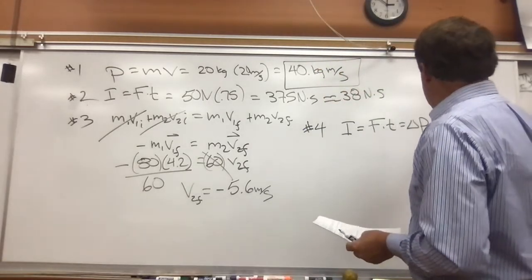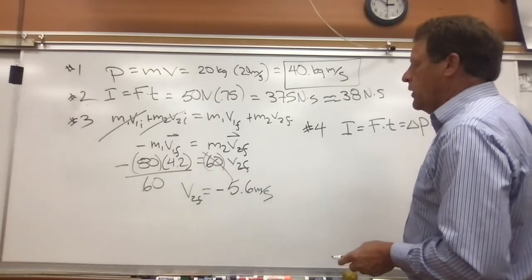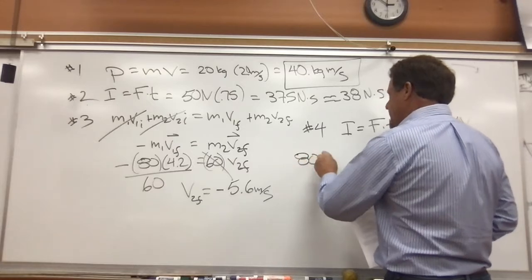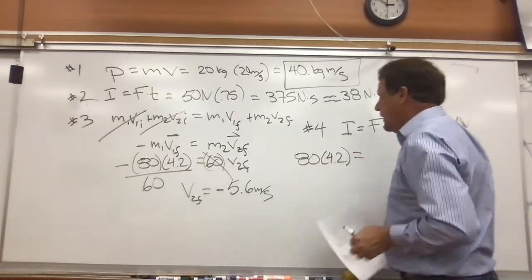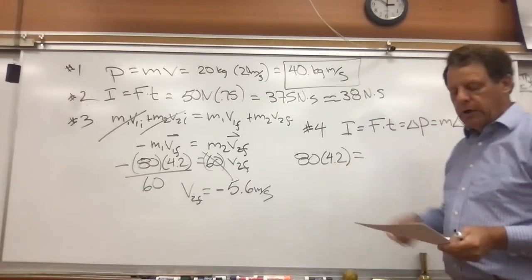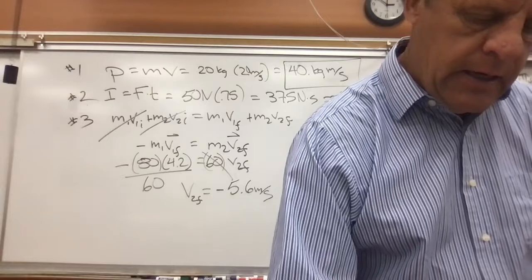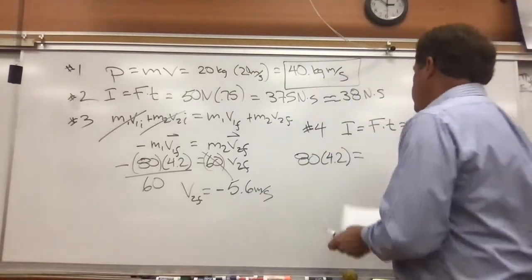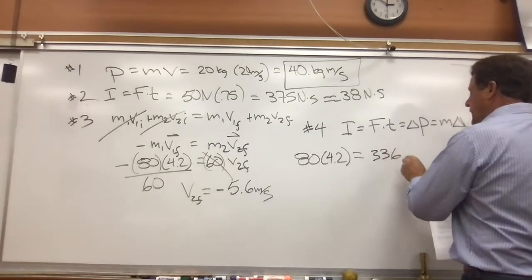So we can calculate this change in momentum: 80 times 4.2, because we started out at 0, is going to be 336. So our impulse is 336.